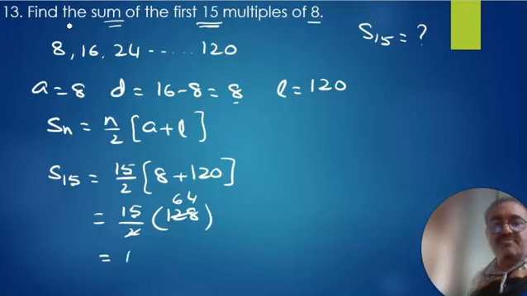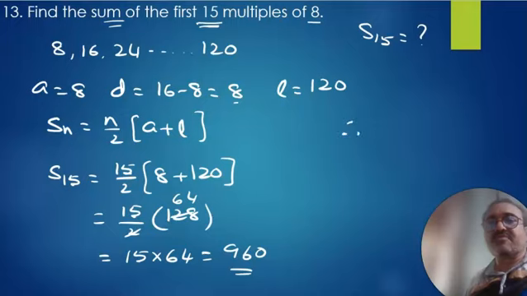That is equal to 15 into 64. So 15 into 64 is 960. Therefore, S15, sum of first 15 terms is equal to 960.